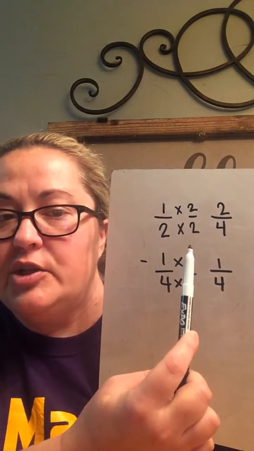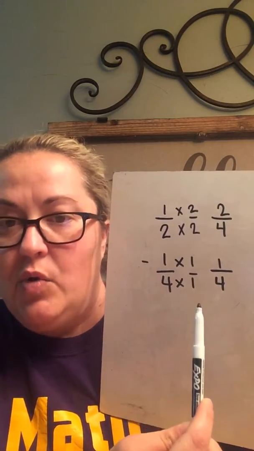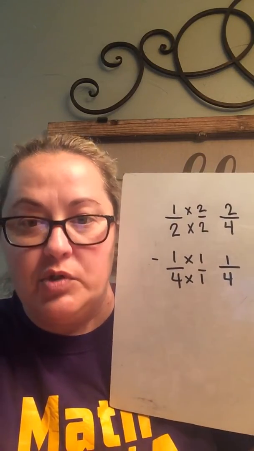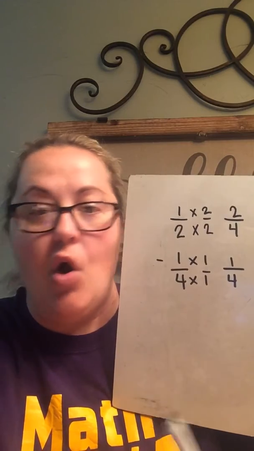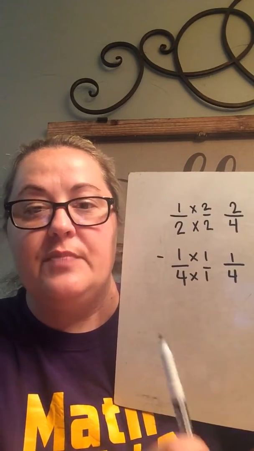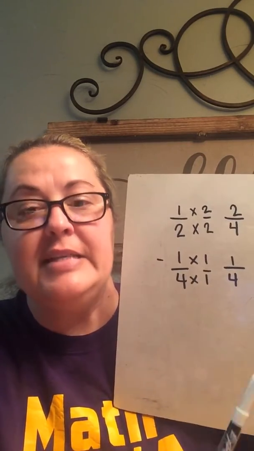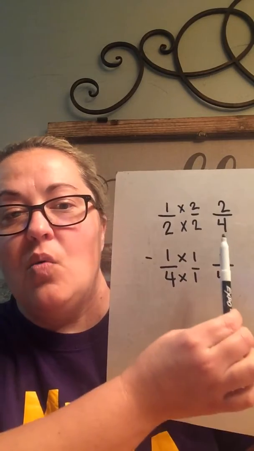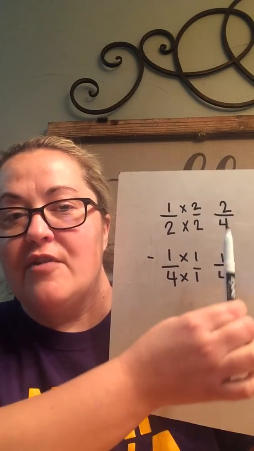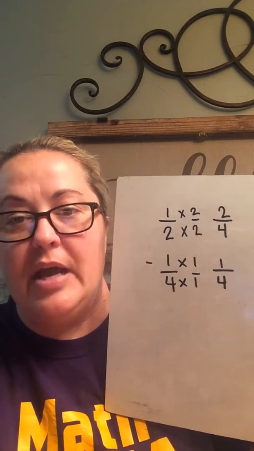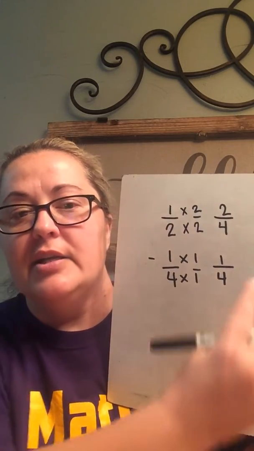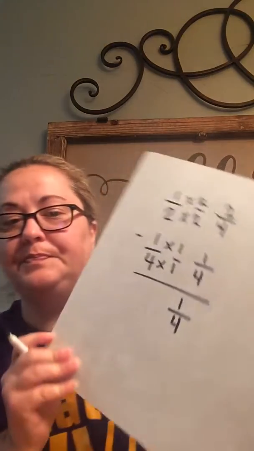Remember, 2 divided by 2 is 1. 1 divided by 1 is 1. We really want to be multiplying or dividing by 1 at all times because we just want something that looks different, but it means the same thing. Now we can share fairly because both of our denominators are 4, okay? If we do 2 minus 1, we're going to get 1. And 4 is going to be our denominator.